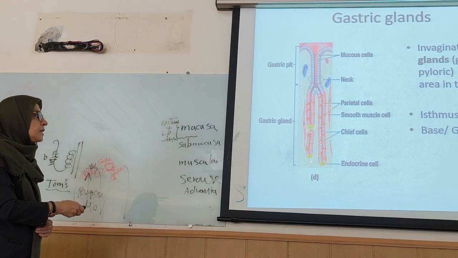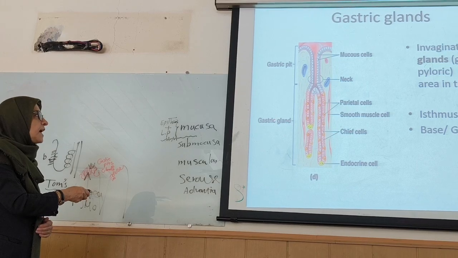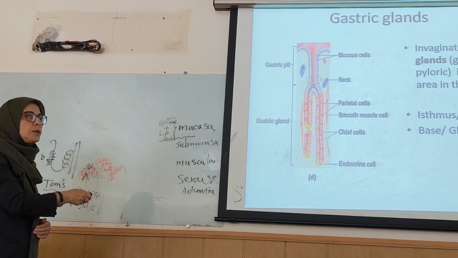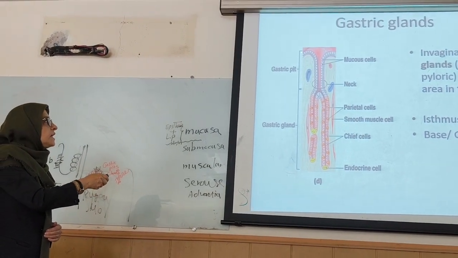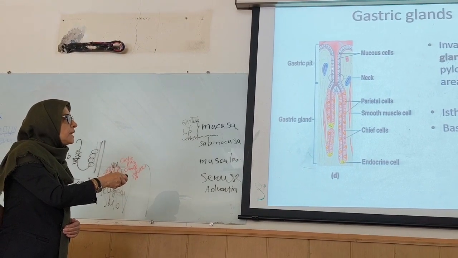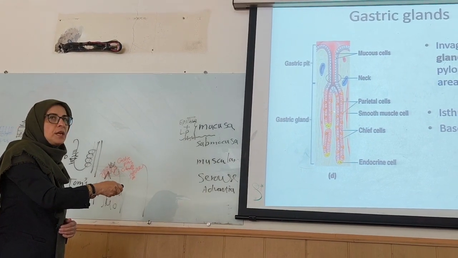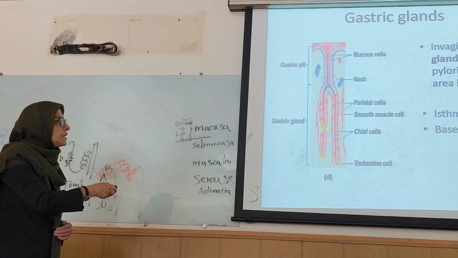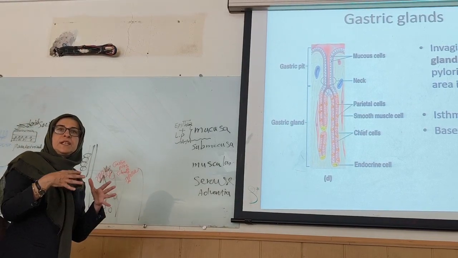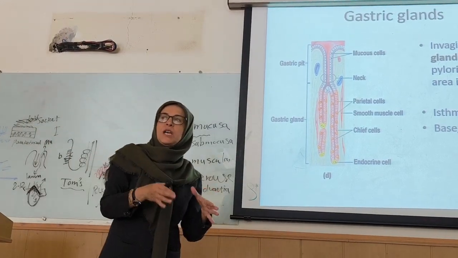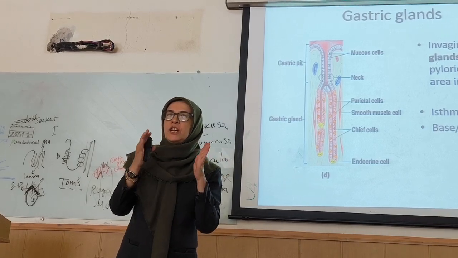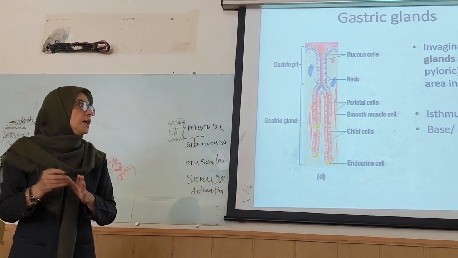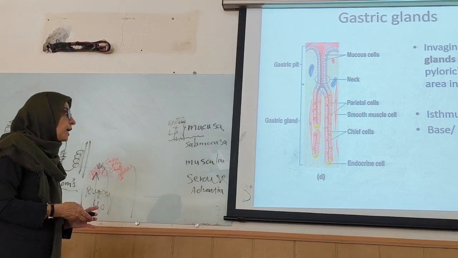These are the gastric glands and also gastric pits, the invagination of the epithelial tissue into the lamina propria that forms these glands. In these glands, there are different types of cells, each with a special function that I will show you now.